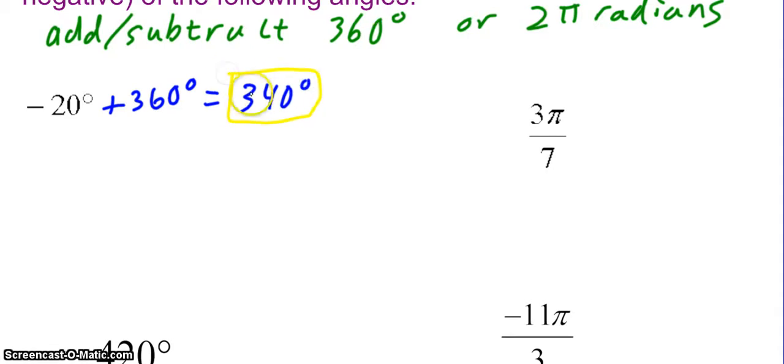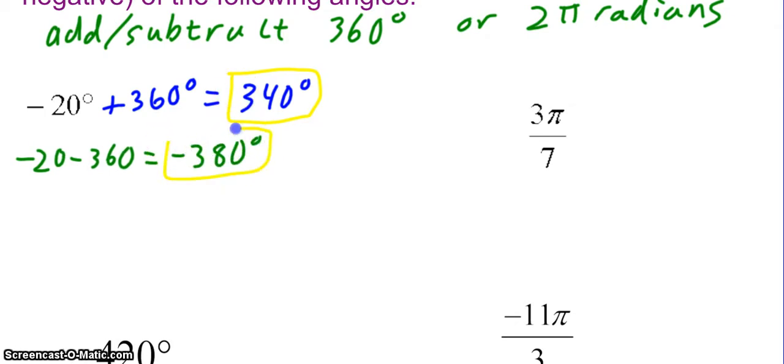So 340 degrees is a positive coterminal angle of negative 20 degrees. Negative 380 degrees is a negative coterminal angle of negative 20 degrees. And for both of these, I could continue to add 360 or continue to subtract 360, and I will continue to find coterminal angles of negative 20 degrees.